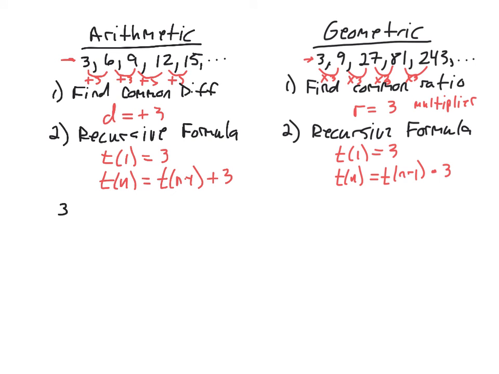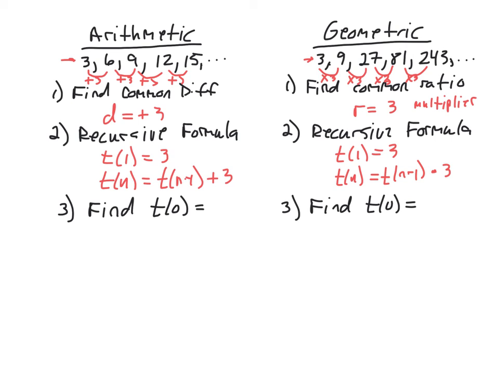Third skill you need, find t of 0. Because it turns out we're going to need t of 0 for our explicit formulas. But hey, like I said, we've been doing this since the tile patterns.